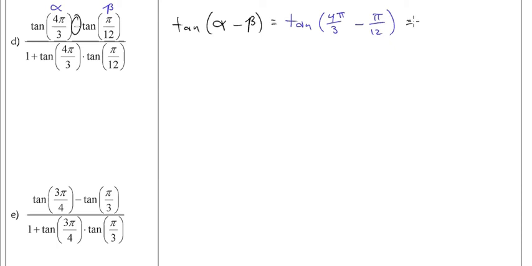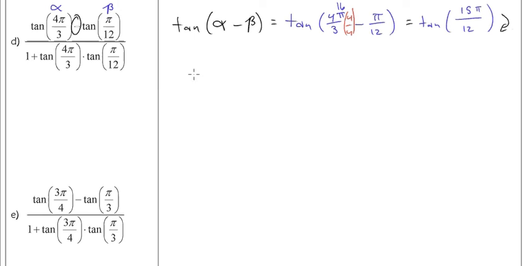Change it to a common denominator, multiplying by 4 over 4, so we've got 16 twelfths minus 1/12, both of pi. So 16 minus 1 is 15, pi over 12.